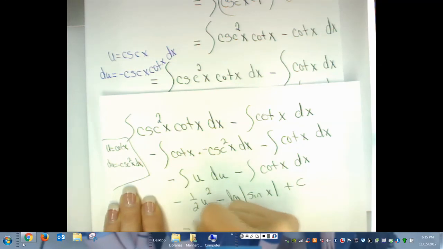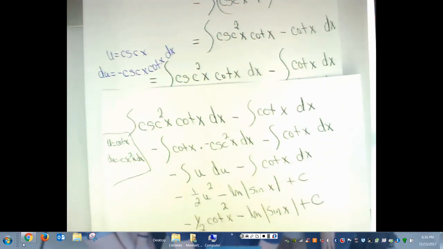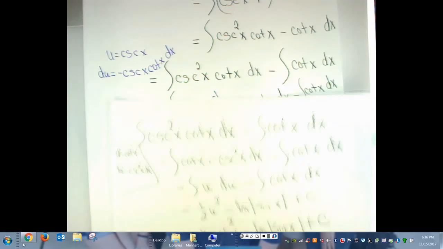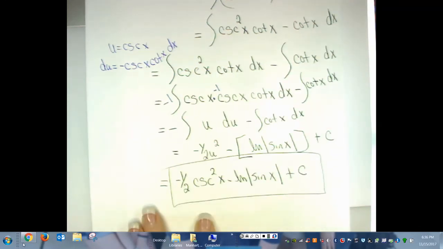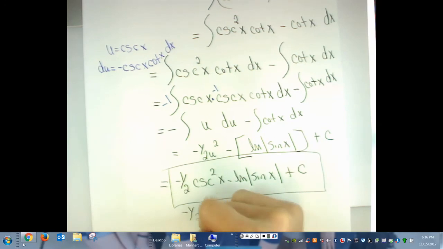So negative 1/2 cotangent of x squared minus the natural log absolute value of sine x plus c. Well, before we got negative 1/2 cosecant squared x minus natural log of sine x plus c. And this time, let me put them side by side.